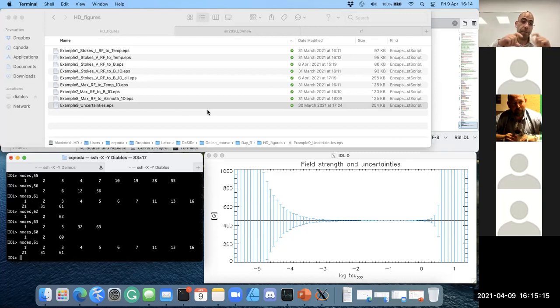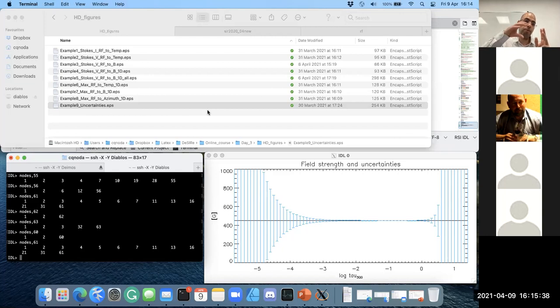But the truth is that in every iteration, the code will give you the atmosphere that it has obtained and the uncertainty. If you want to read the uncertainty, that is basically the inverse of the response function, for each step of the inversion, the code will give it to you. It will give you the atmosphere, the profile, and the error or the uncertainty for every iteration.